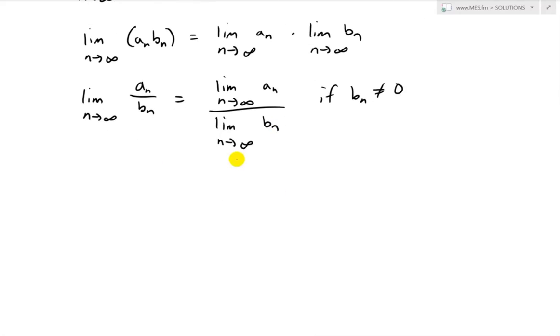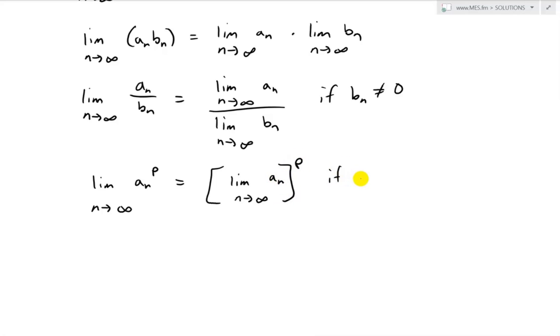And now the last one is the power rule. This one I went over for the general function in an earlier example. So the limit as n approaches infinity of an to the p equals, well, we could take this all out. So we take this whole p out, so we'll have the limit as n approaches infinity of an, all to the p, like this.